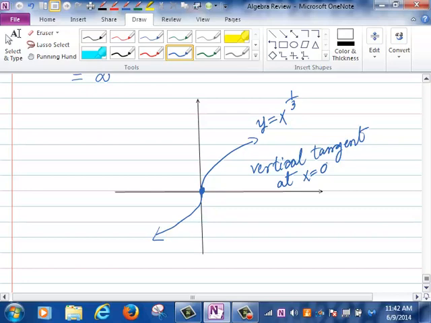What's the difference between a positive infinity slope and a negative infinity slope? In both cases, you're going to get a vertical tangent. Even if you get a negative infinity there, you're still going to get a vertical tangent.